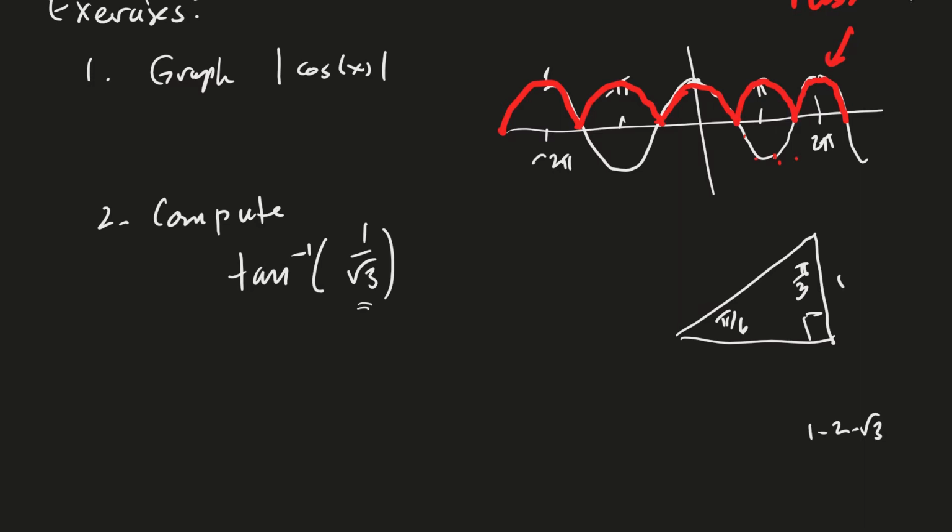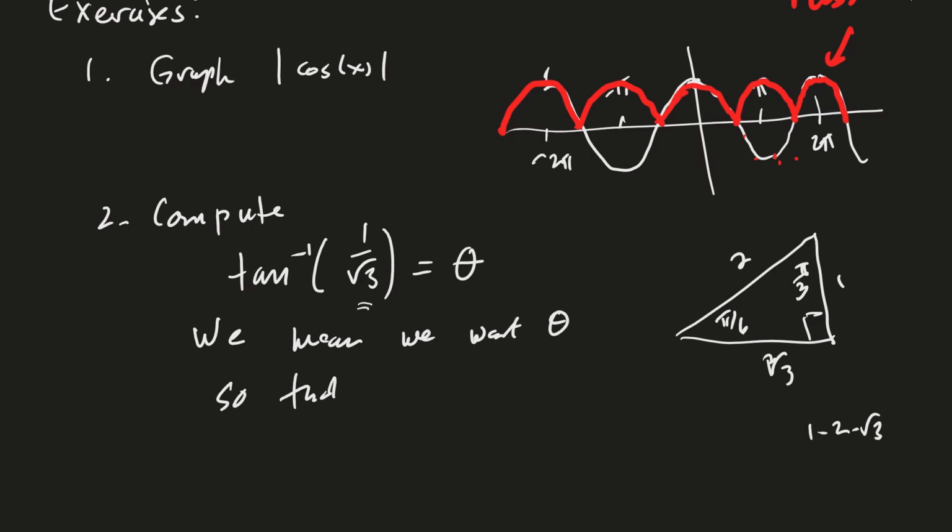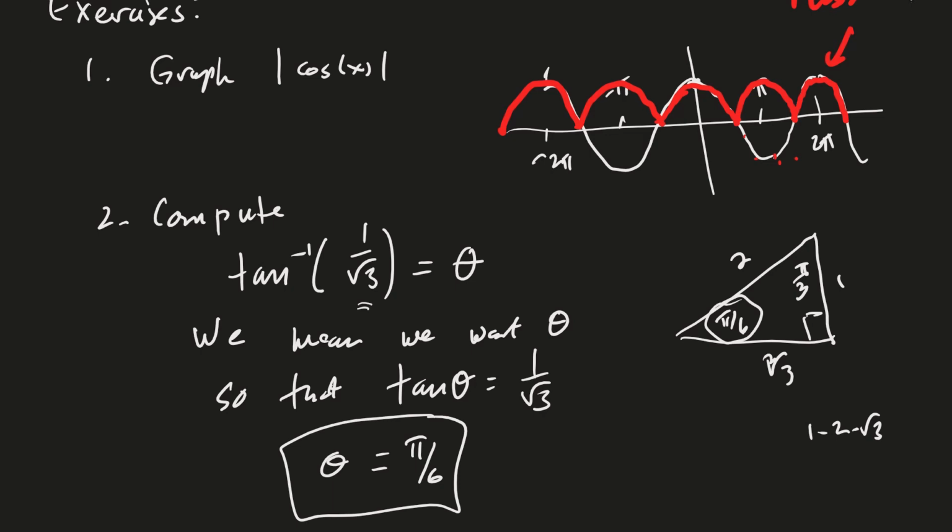The 1 goes opposite pi 6th, so that leaves square root of 3 and 2. Right, so which angle gives you, let's go ahead and write this as tangent theta. By answering this, we want theta so that tangent theta is equal to 1 over the square root of 3. So which theta is it from the triangle? Opposite over adjacent, pi 6th. Good.